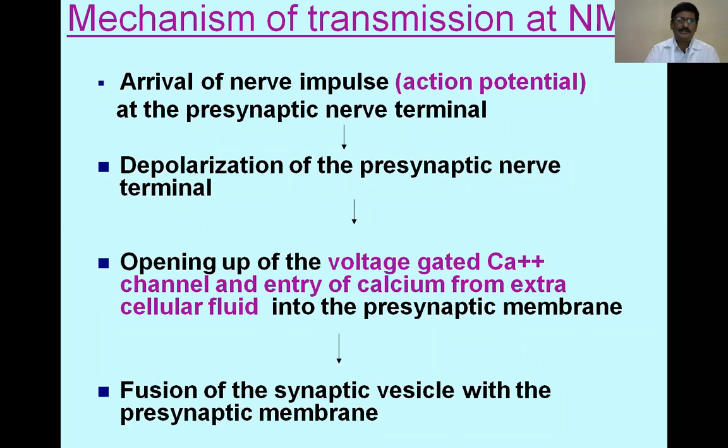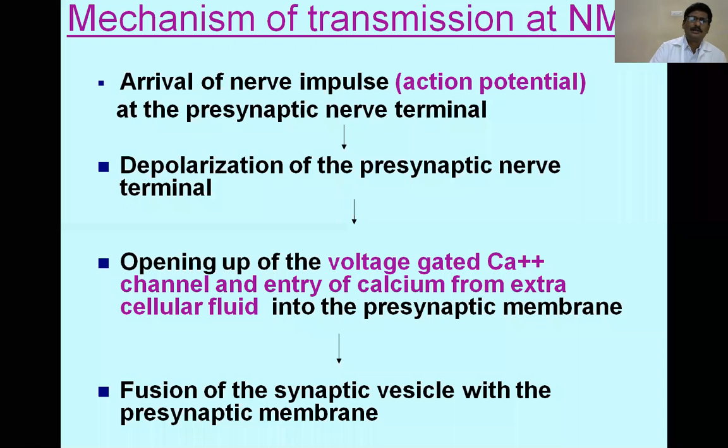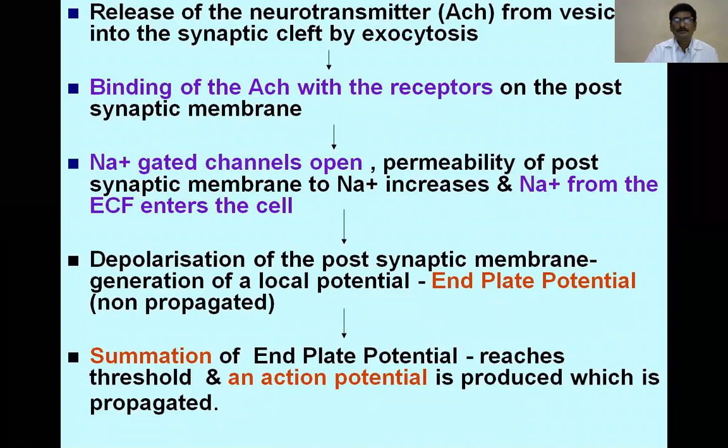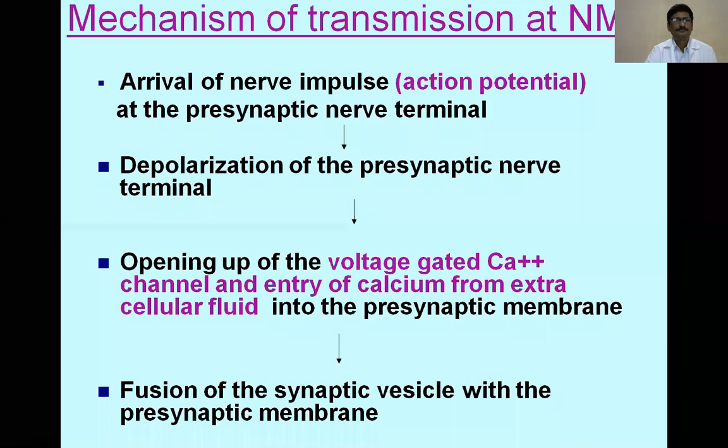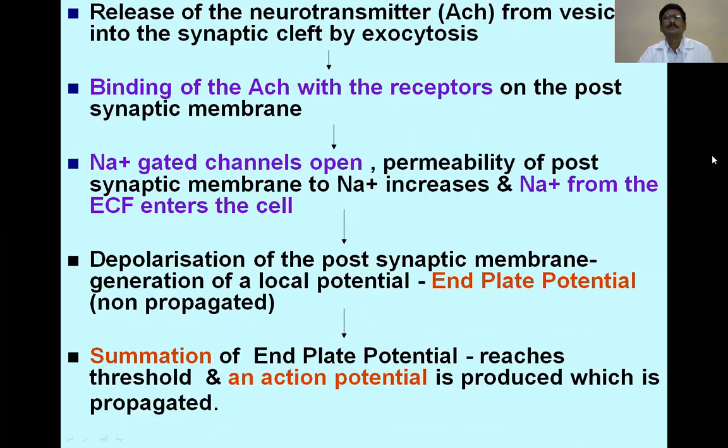These are three processes in which the anchored acetylcholine vesicles are released, move to the active zones, fuse, and release their contents, that is the acetylcholine. Now, the release of neurotransmitter from a vesicle into the synaptic cleft is by exocytosis. The released acetylcholine will bind with specific receptors on the postsynaptic membrane.